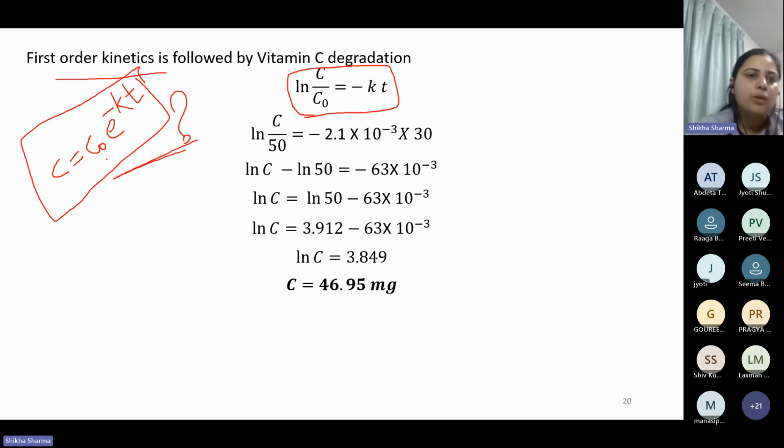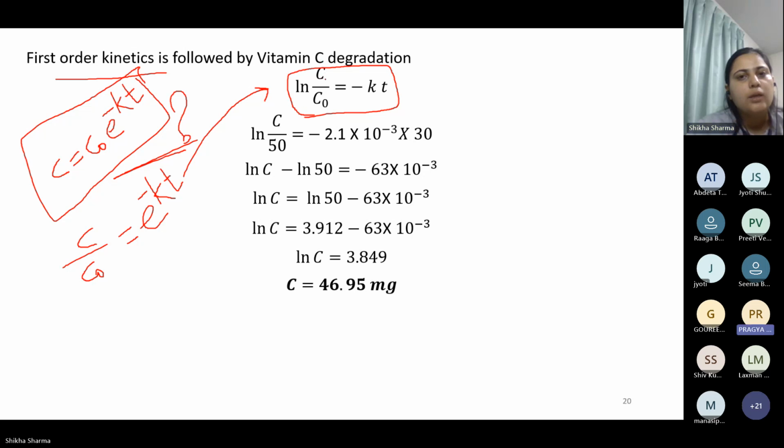So we can write this as C by C naught equals e to the power minus kT, which can be written as ln C by C naught equals minus kT. Here ln C by C naught means final concentration divided by the initial concentration.